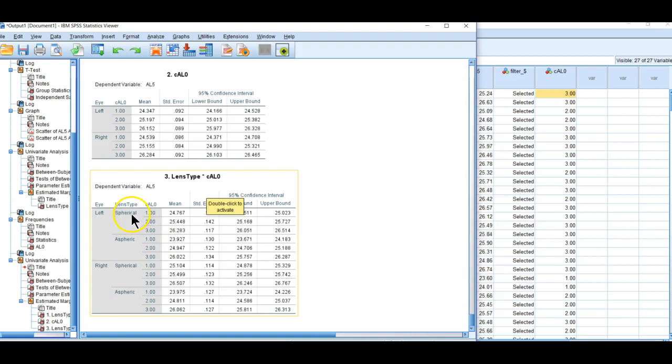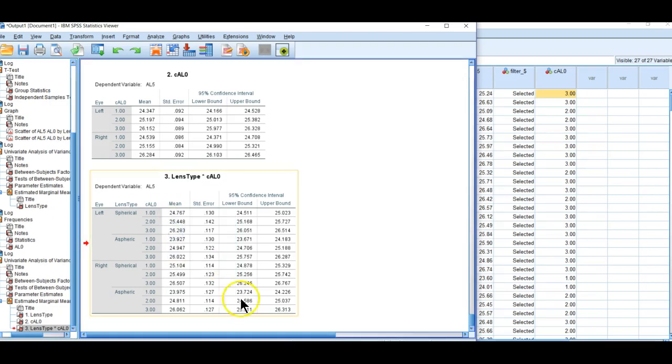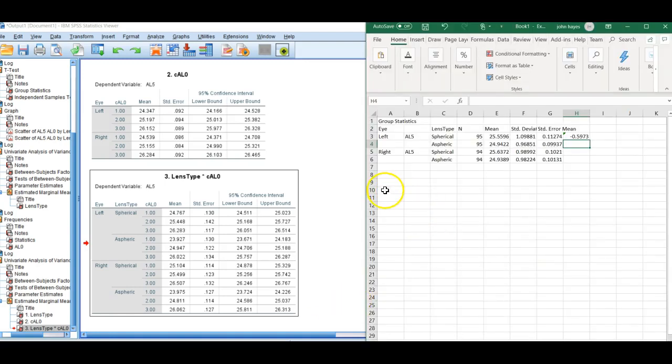So we have our spherical equivalent here, and let's see. The problem is in graphing and figuring out effect size. It's just maybe a little more complicated doing it this way. Let's see what happens.